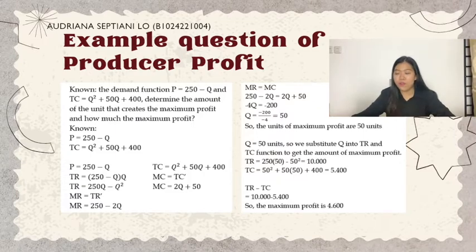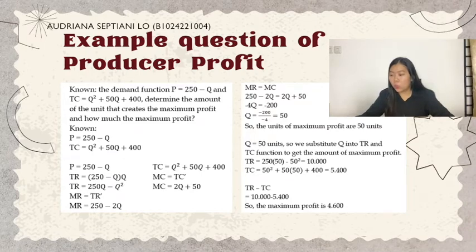First, we are going to find the amount of the unit that creates the maximum profit with the formula MR equal to MC, but MR and MC are unknown. So we can get the number by this method.